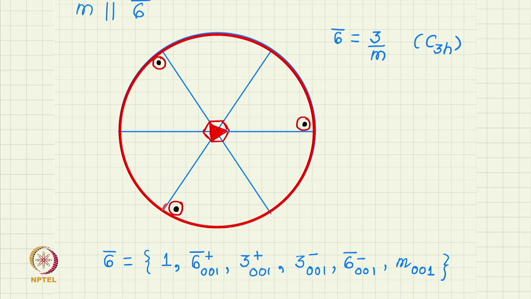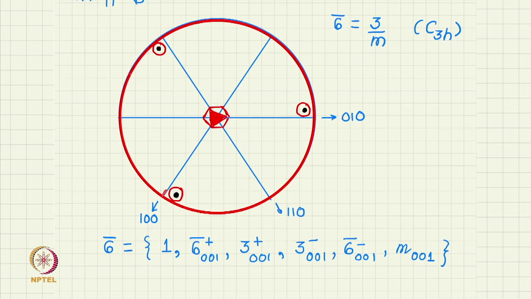So, let me add a mirror. Let me try to be a little careful in putting the mirror. I am calling this direction my 1-1-0, this direction is 010, this is 110. So, let me put a mirror not along the 1-1-0 direction, but normal to the 1-1-0 direction.